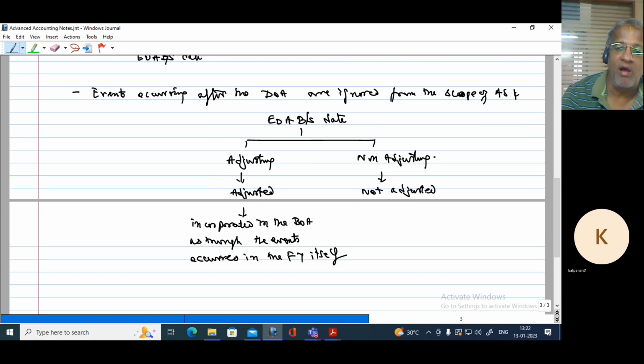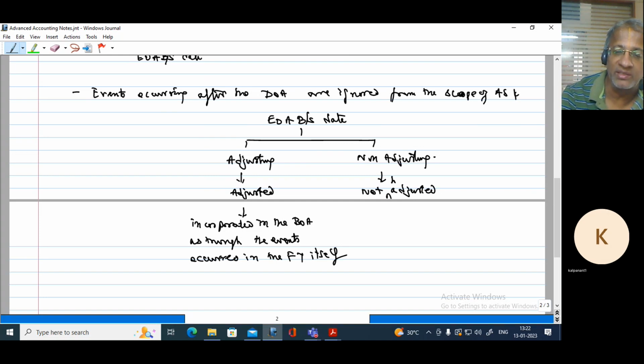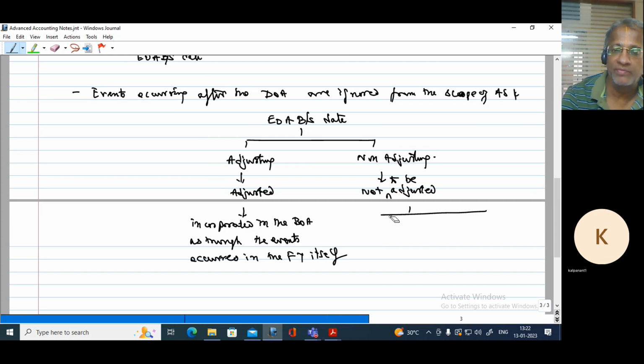Non-adjusting events are not to be adjusted. Then what is the way out? Then the next question is: will that event affect the going concern concept? Will that be affecting the going concern concept?